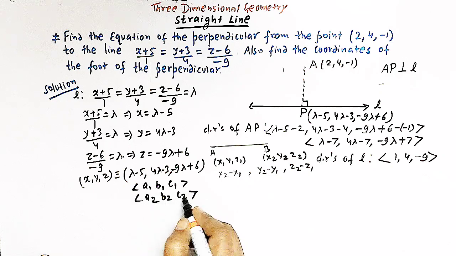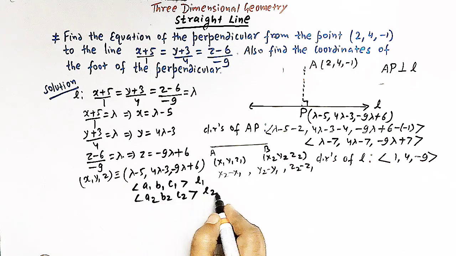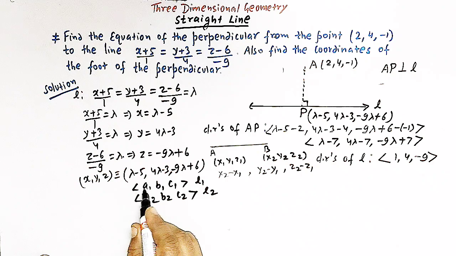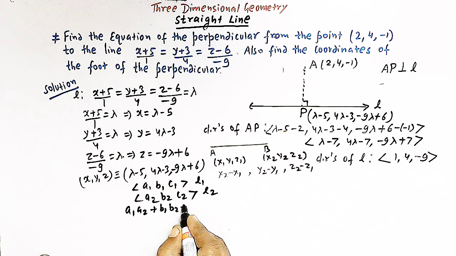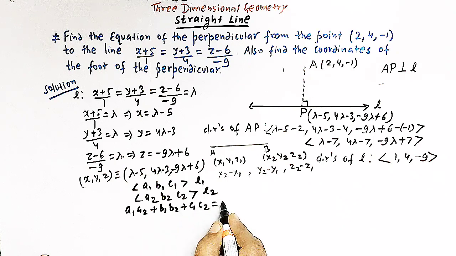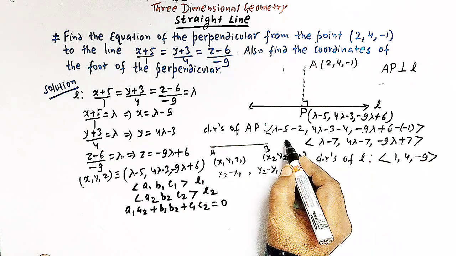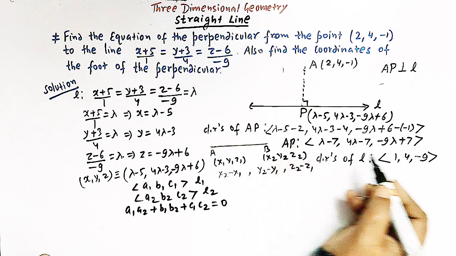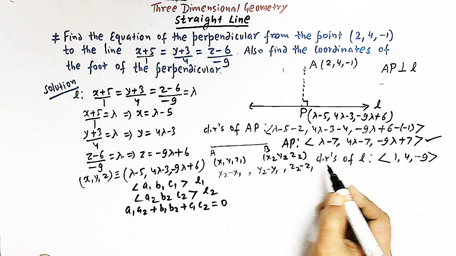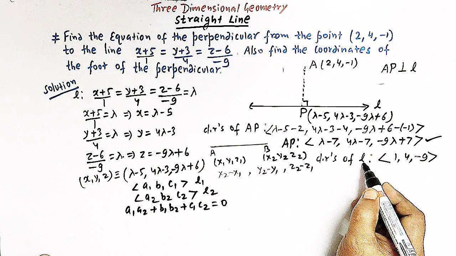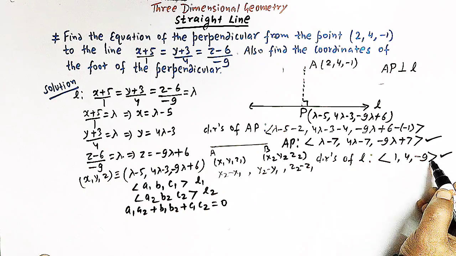And if these two lines, say L1 and L2, are perpendicular, then the condition is that a1 a2 plus b1 b2 plus c1 c2 is equal to 0. So here the direction ratios of AP are given by these numbers, and the direction ratios of the line L are given by these numbers.